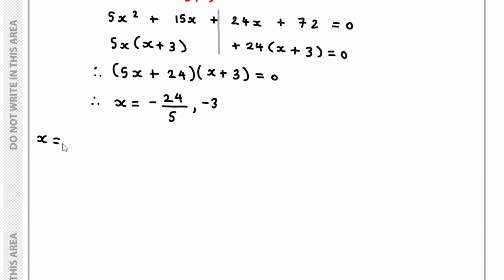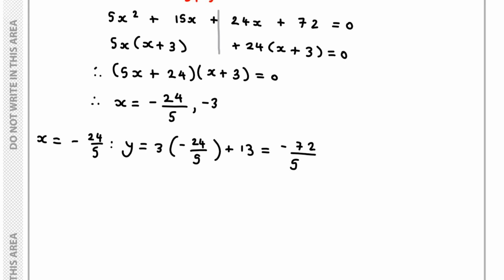So when x is equal to minus 24 over 5, y is equal to 3 lots of minus 24 over 5 plus 13. So we've got minus 72 over 5 plus 65 over 5, which is minus 7 over 5.